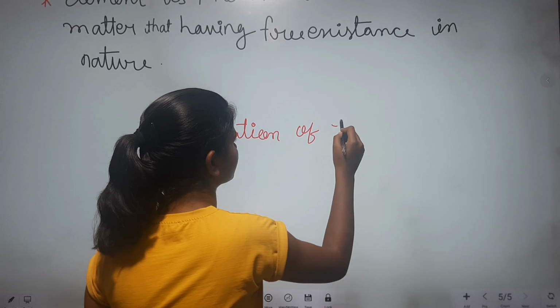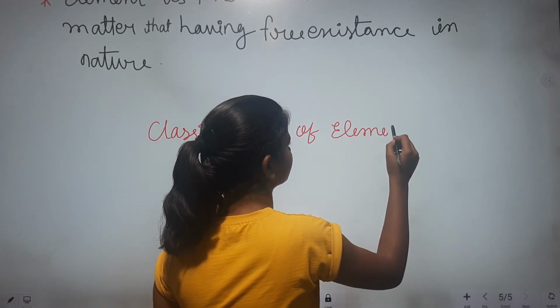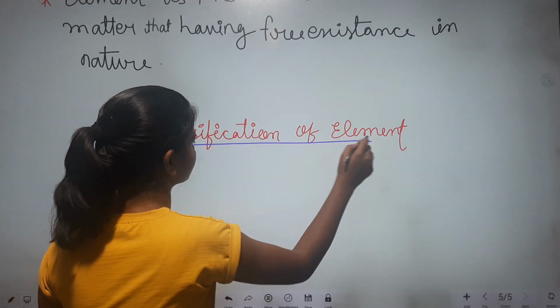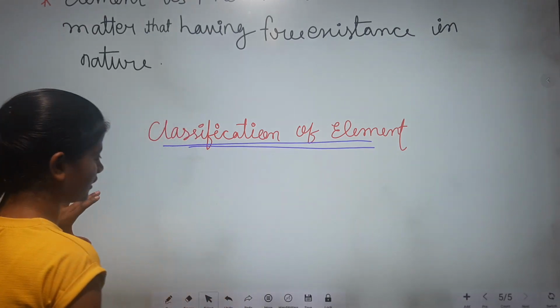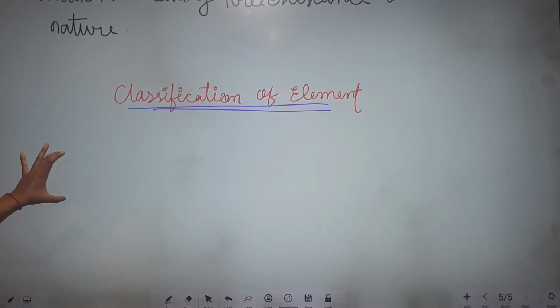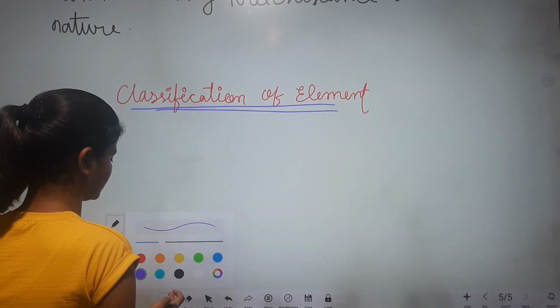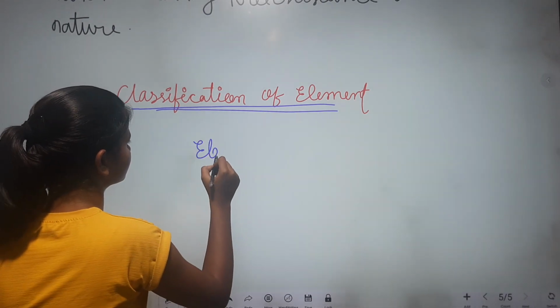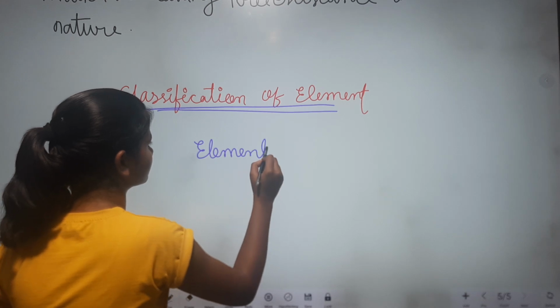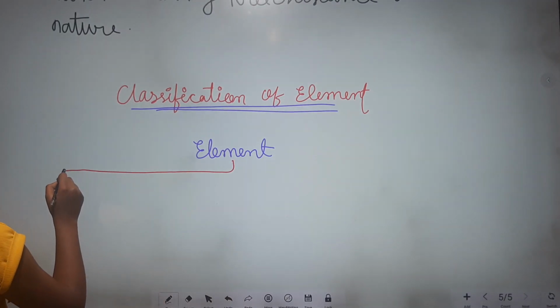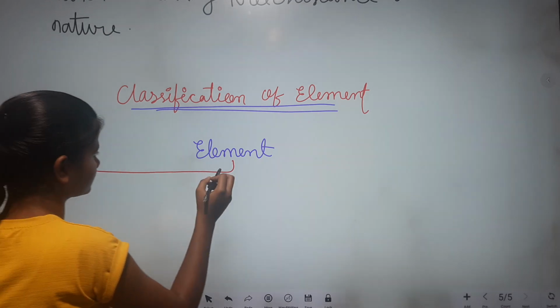Classification of element. So elements are divided into three parts. There are three kinds of elements.